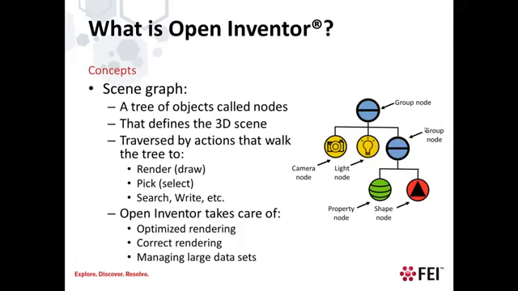This is the most important part, where you use your domain-specific knowledge to create value for your customers. Open Inventor will be responsible for rendering an image of those objects and maximizing performance and image quality, as well as ensuring complex scenes are rendered correctly.